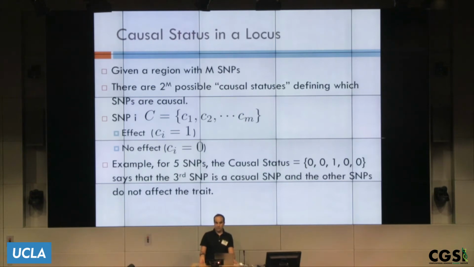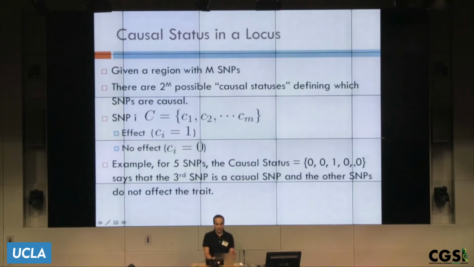If they have an effect, we say that entry is 1, and if they don't have an effect, it's 0. For example, let's say your region has 5 SNPs. What does this mean? 0, 0, 1, 0, 0 means that the third SNP is the causal one and the other ones are not causal.